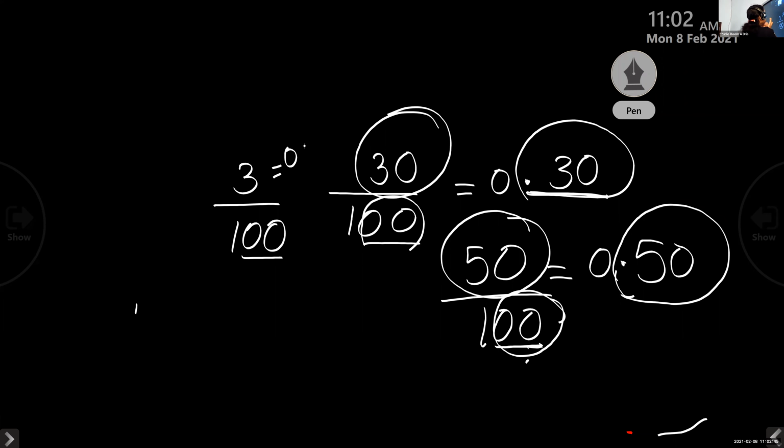Delna. Yes, 0.3? 0.3 means I have only 1 digit, but I should have 2. 30 by 100 is 0.30. So here I have only 3.